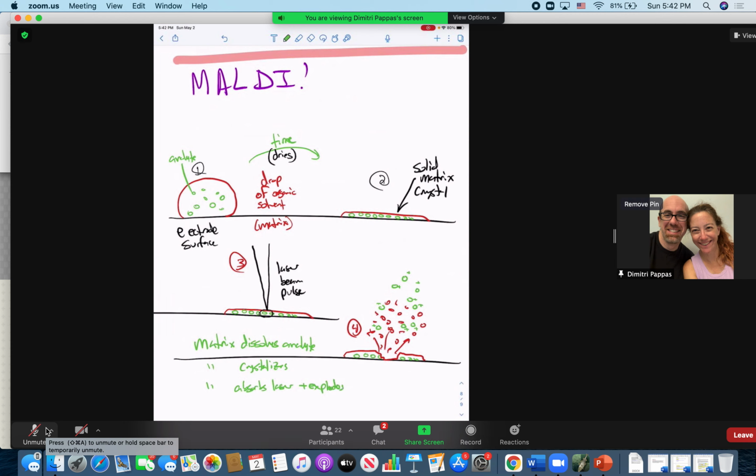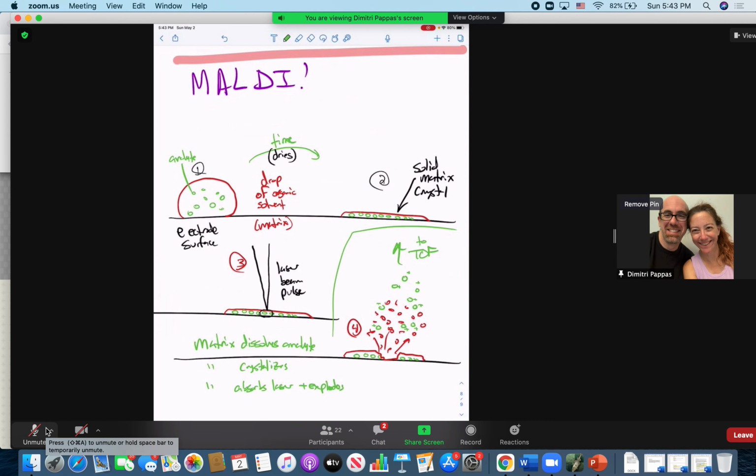And that's how you get very massive molecules into the gas phase. And then it goes into, so this is separate, the time of flight. Like you would turn on the voltage on the electrode surface, and then you would accelerate your ions into the mass spec after that. Does that make sense?